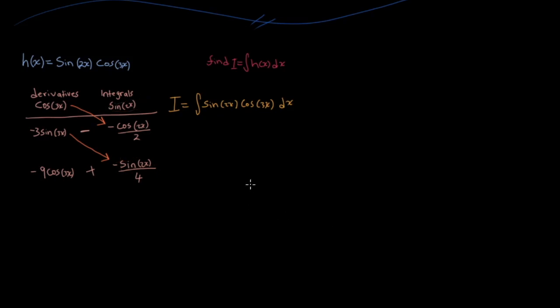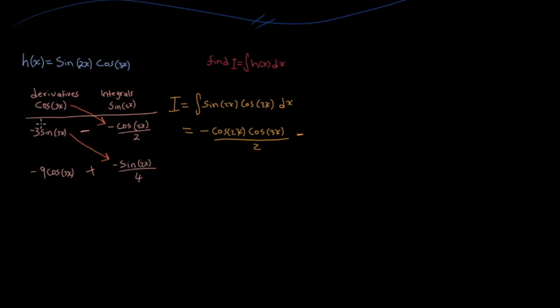Moving on to evaluate this integral, we do it as we did before. So we get cos 3x times negative cos 2x over 2, all over 2, minus negative 3 sine 3x times negative sine 2x.